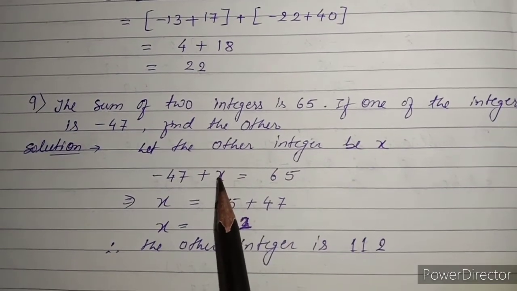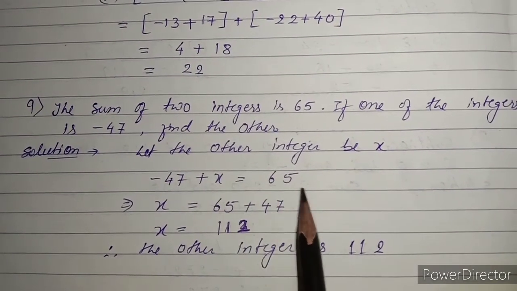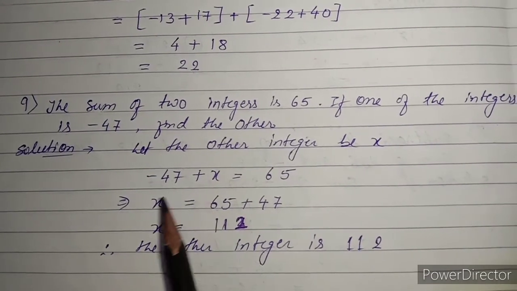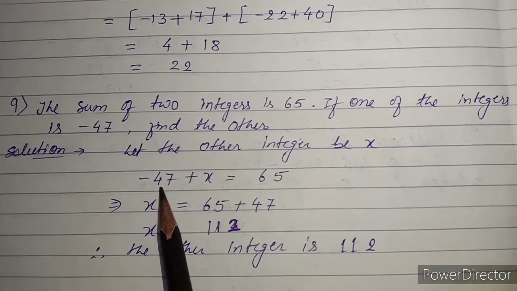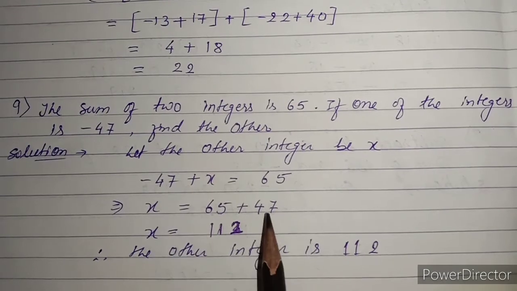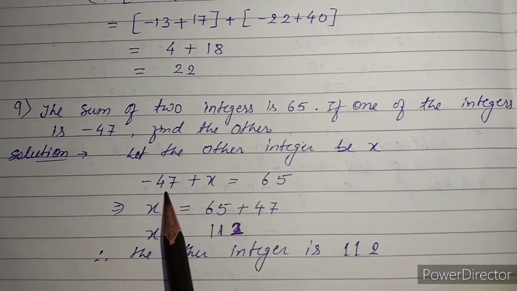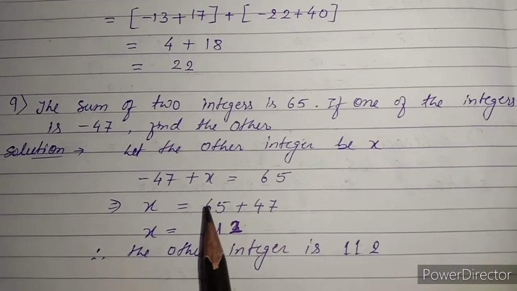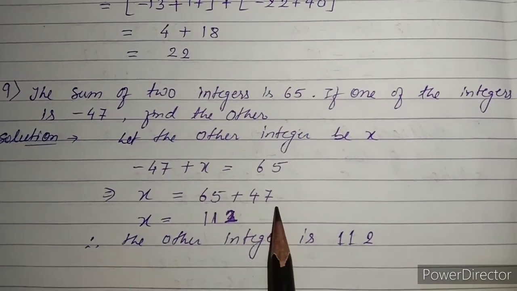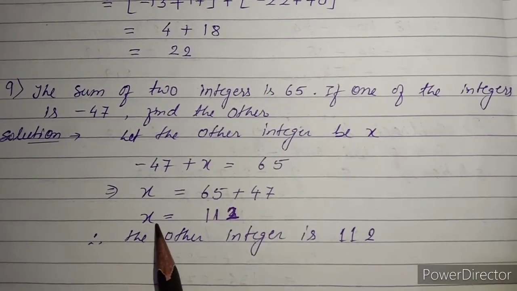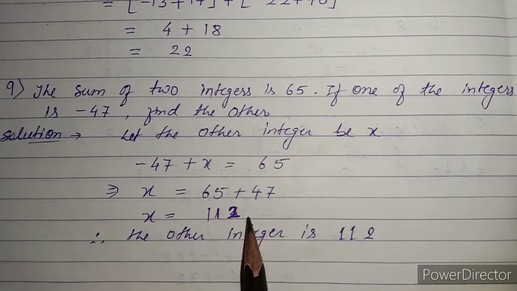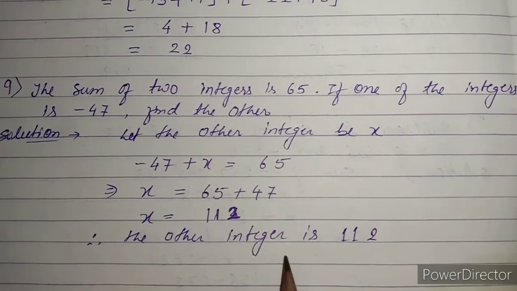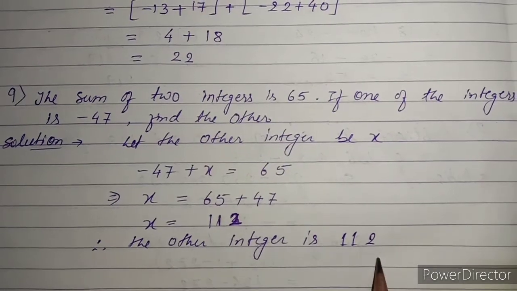We have supposed x, and the sum is equal to 65. So you have to find the value of x. Minus 47 should be taken to the RHS. Here it is negative, so on that side it changes its sign to positive. So 65 plus 47, and we get x equal to 112. Therefore the other integer is 112.